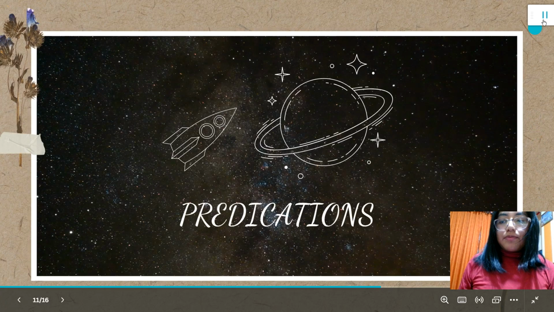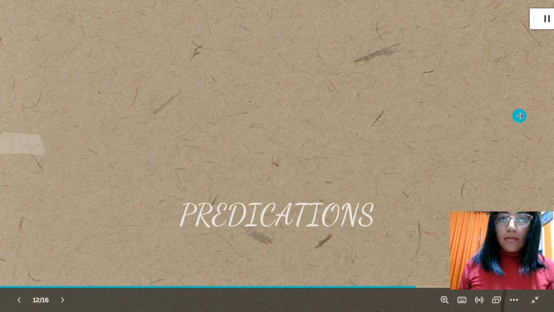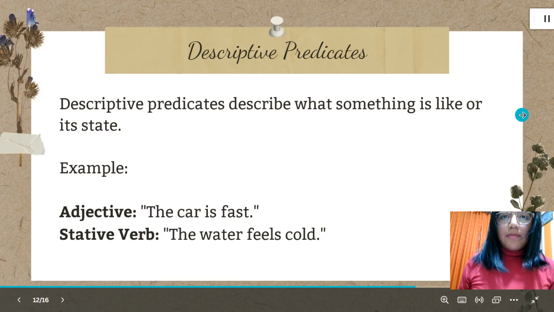So predictions. Okay, this is divided into three parts. So the first one, as you can observe, is the descriptive predicates. Descriptive predicates provide detail about characteristics or conditions. So for example, the car is fast. This describes the speed of the car.